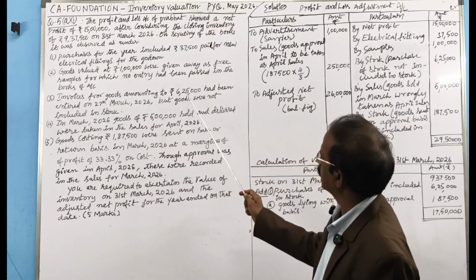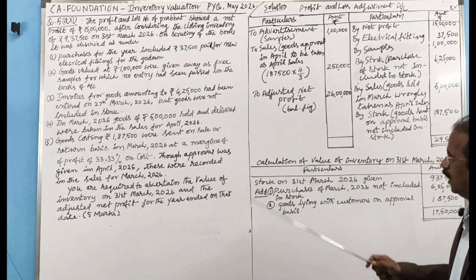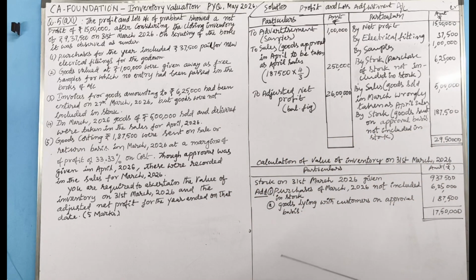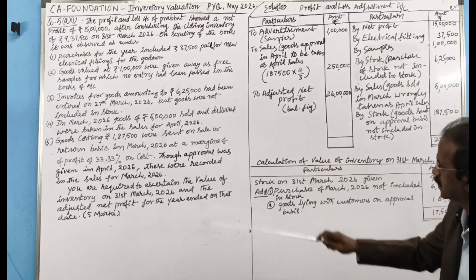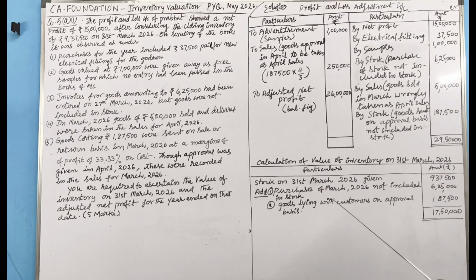And at the same time, since it is not included in the closing stock, we should add this to the closing stock also. For that purpose, we open separately a small statement taking the given amount, that is 9,37,500 as the stock, and we should add it.